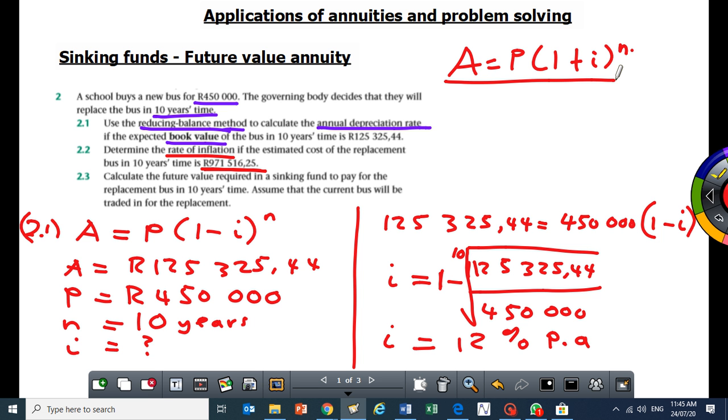So our A is going to be the future value, which is 971,516.25. The P value is the value of the bus now. Now it is very important for you to know your A, your P, and your n. Your n here is 10 years. So we need to calculate that i.